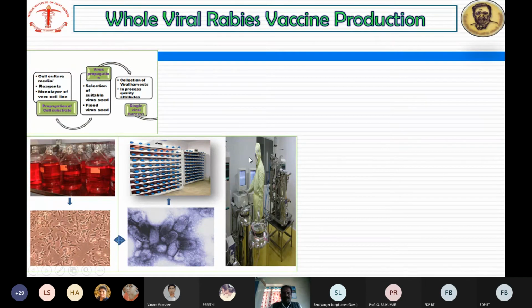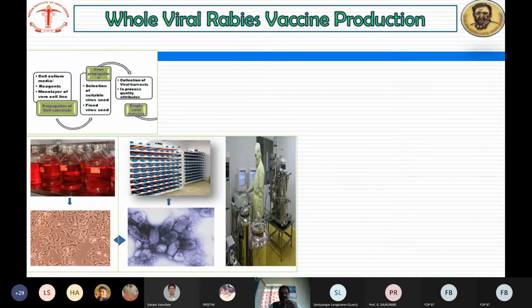After the inoculation, we go to the viral harvest. You can see one thing is a bioreactor. These are photos taken from my laboratory for vaccine production. Here we use the maintenance media, which keeps the cell cycle going. The cell lines infected with the viruses remain stable.